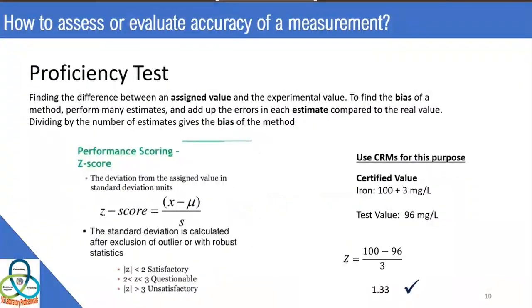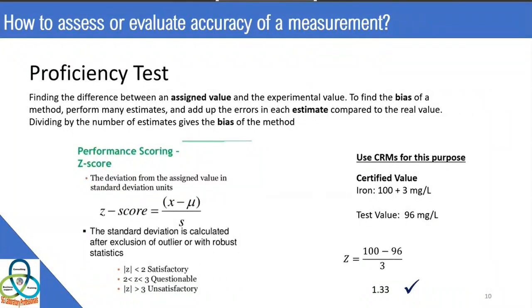The third approach is a proficiency test or the inter-laboratory exercise. In this case, you are again comparing your experimental value with multiple analyses and using the mean for your assessment.